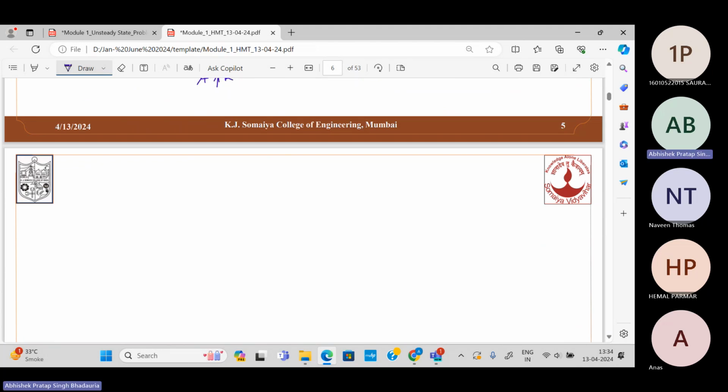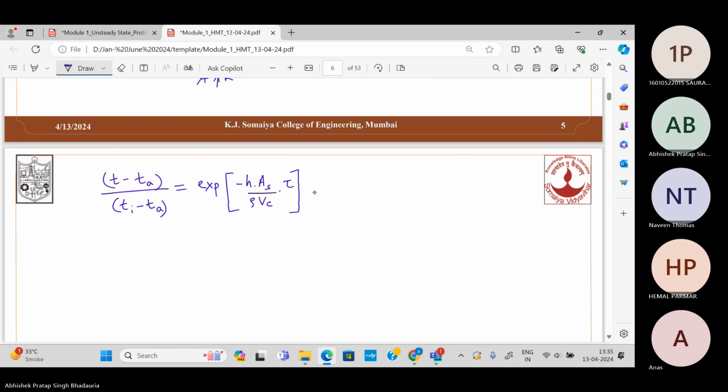So the mathematical expression for lumped parameter analysis is (T minus Ta) divided by (Ti minus Ta) equals e to the power minus hAs divided by rho V c, multiplied by tau, and it is equal to e to the power minus Biot number into Fourier number.